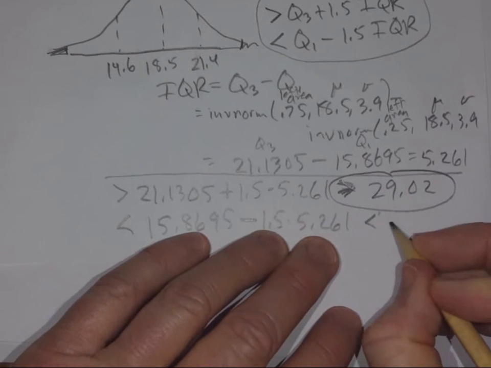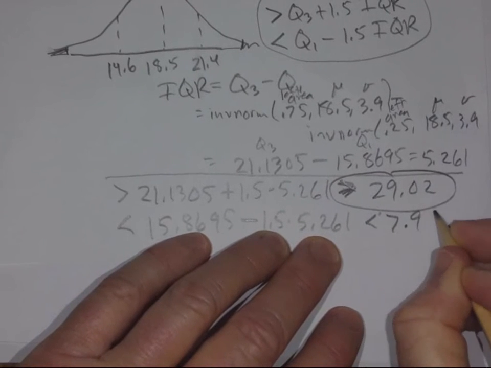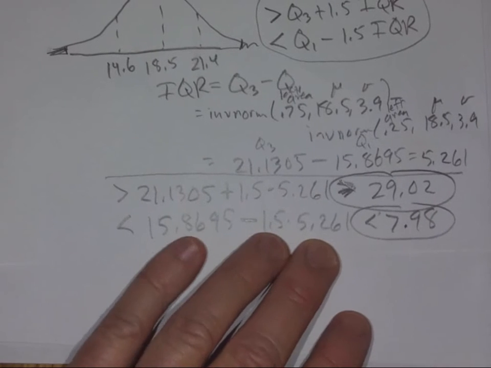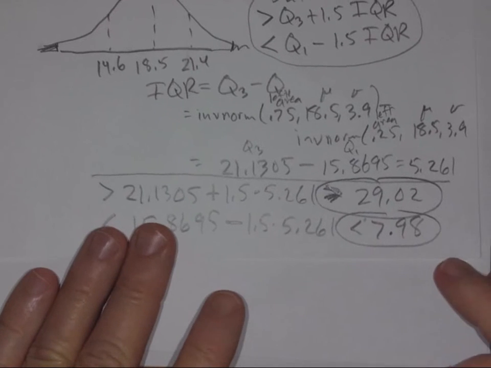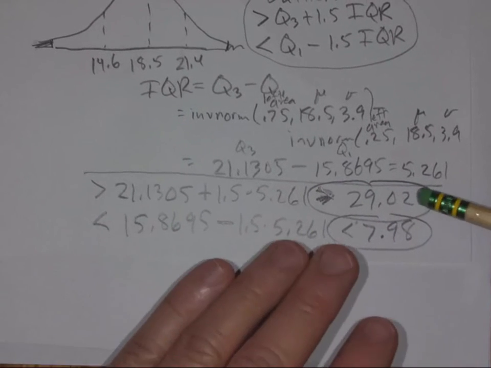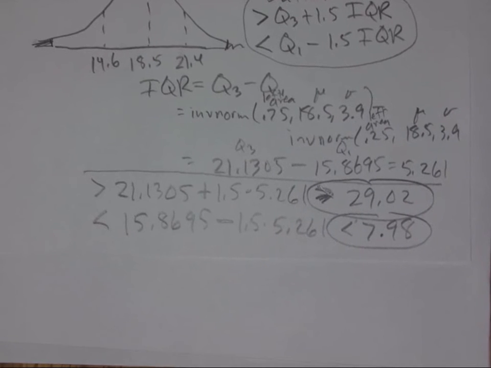So anything less than approximately 7.98 would, in essence, be an outlier on the low side.